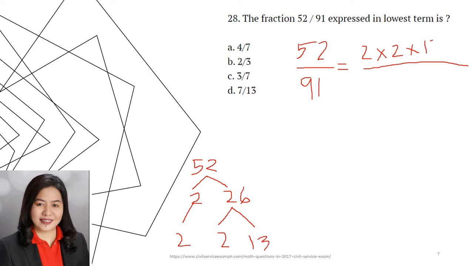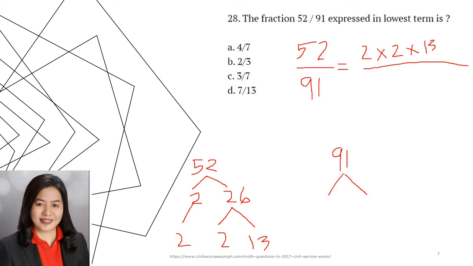For those who are mathematically inclined, you can do it directly and solve as fast as you can. Okay, so for 91, instead of using 2, I'll be using 3. Not 3 because 9 is... So what would be the possible factor? 2 is not a factor of 91. We are sure of that because 1 is an odd number.